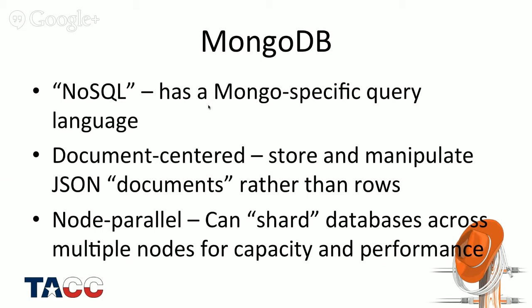So this might be a good option where you mostly want data to be uniform, but you need the flexibility for it not to be uniform in cases where the actual data itself is not. And it does have node parallelism. Essentially, it shards databases. This basically means it breaks up the database and puts chunks of it on different nodes. And so you can operate in parallel on the same database using multiple nodes, but on different chunks of the same data.